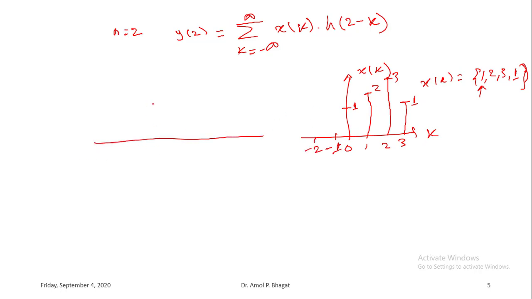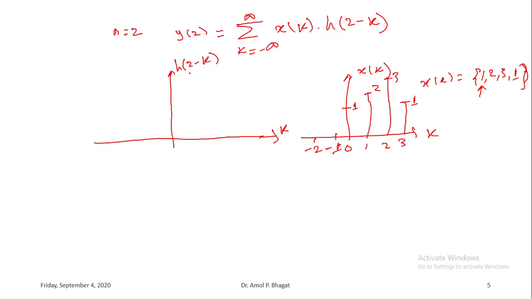And to get this h of 2 minus k, you can shift h of minus k right by 2, or you can shift h of 1 minus k to the right by one sample.